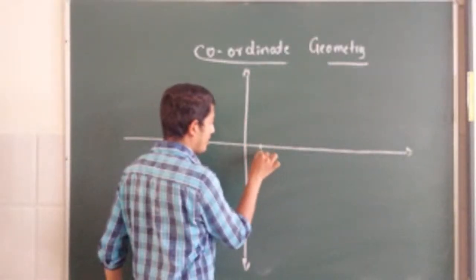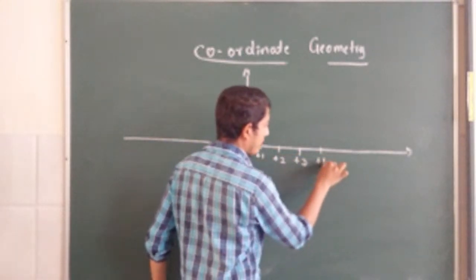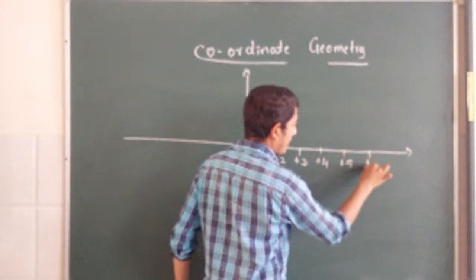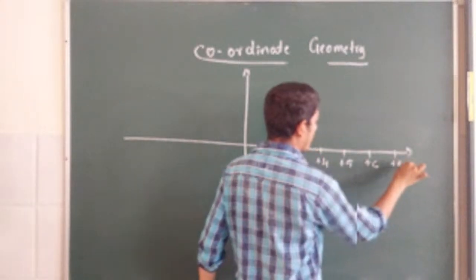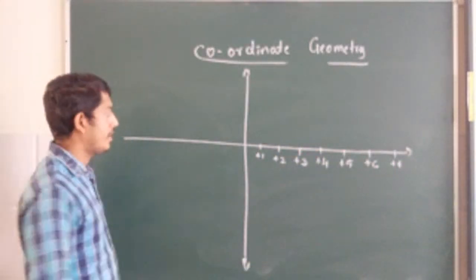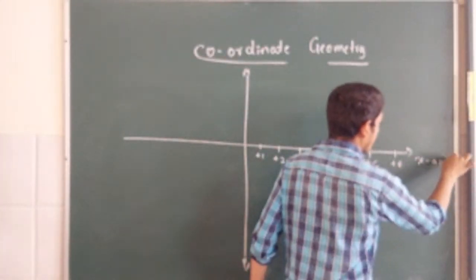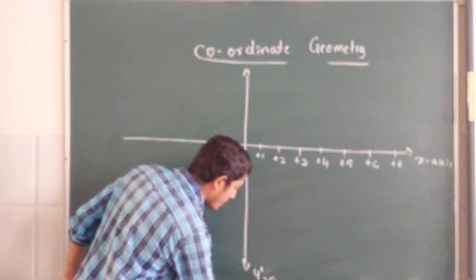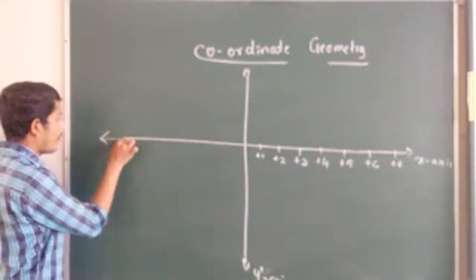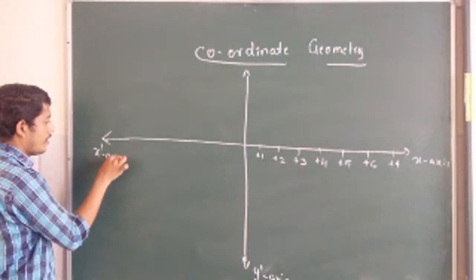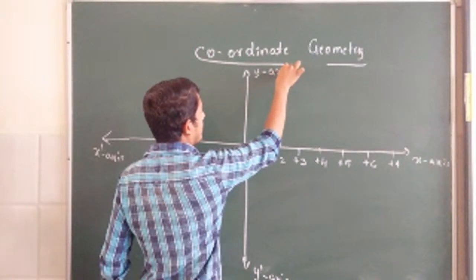This is the origin, then here plus 1, plus 2, plus 3, plus 4, plus 5, plus 6, or I can say another point, plus 7. On the right-hand side, first I will represent this as the x-axis, this as the y dash axis, this as the x dash axis, and this as the y-axis.